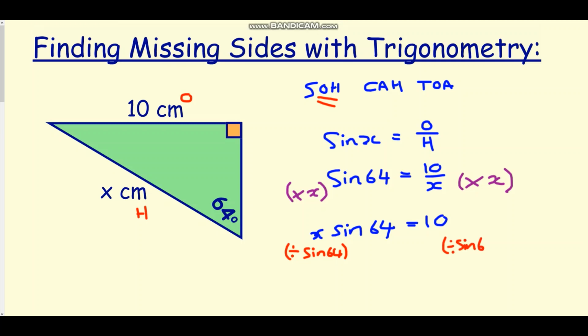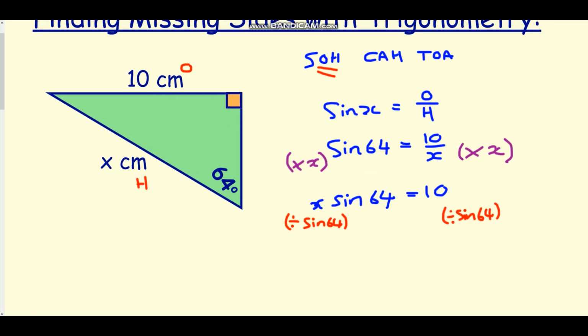That way, x will be on its own as the subject of the equation, and we'll be left with our answer that we have to type into our calculator to get a real value for. Okay, so x is equal to 10 divided by sine 64.